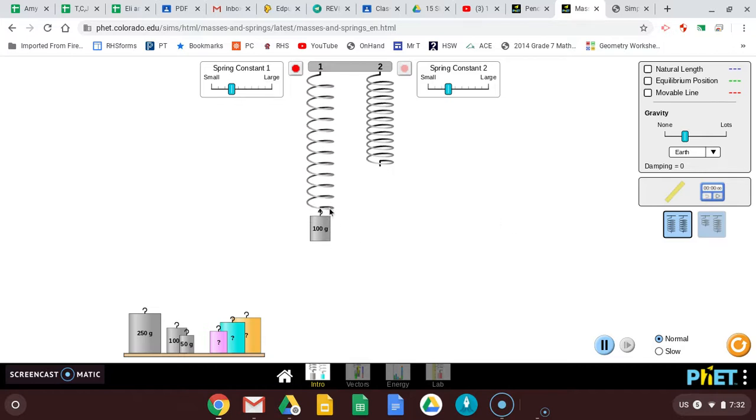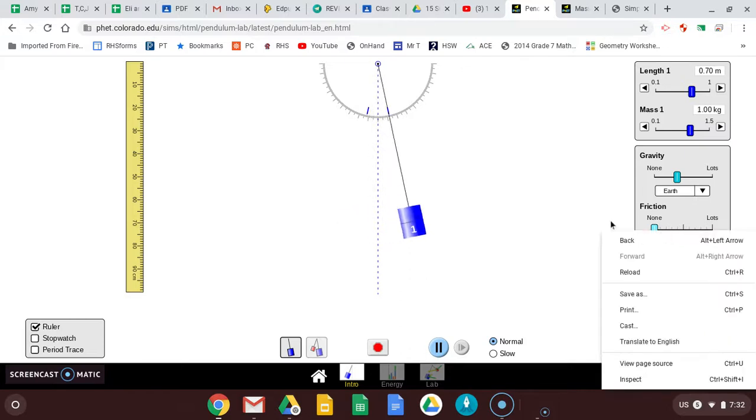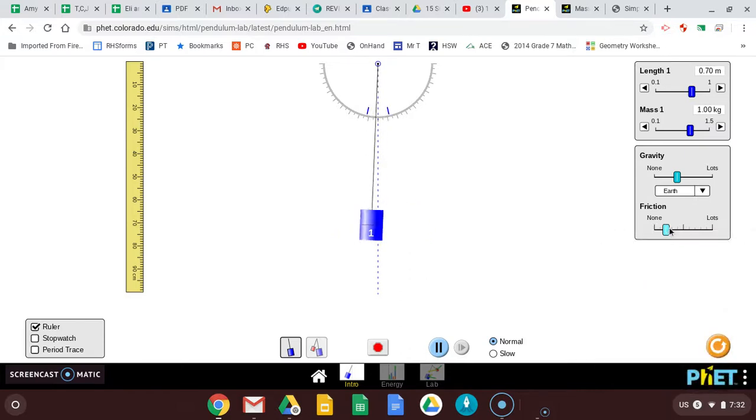Notice this pendulum just keeps going and going and going between its amplitudes, and doesn't look like it's ever going to stop. But if I set, let's see if I can do it on this one. I'm not sure if I can. Let's go to the other one. Here we go. So this one's just listed as friction. I have it set as none. But if I do turn any on, that's known as damping.